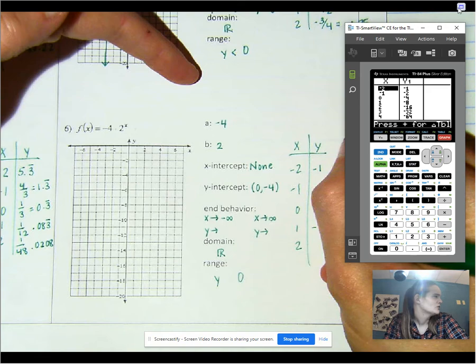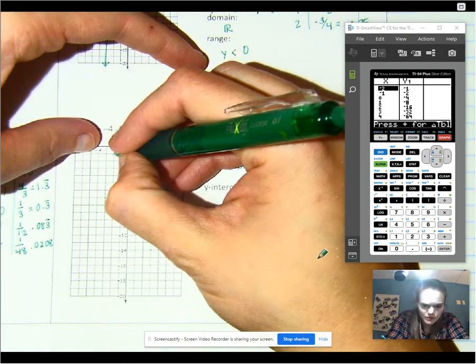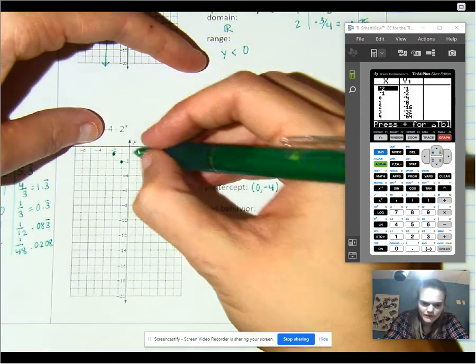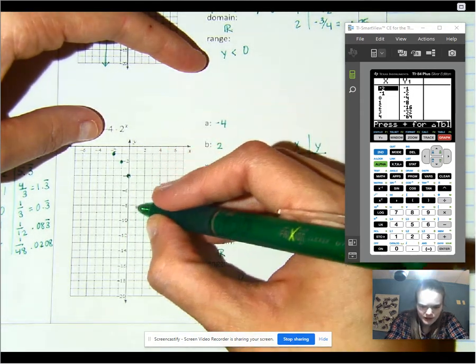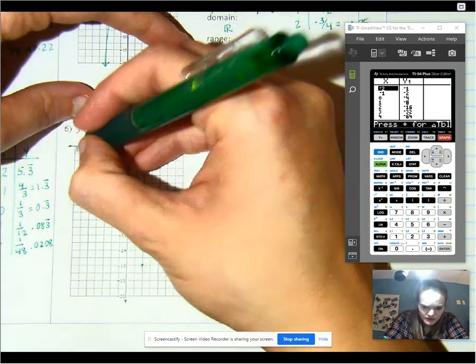And it froze again. Okay. Let's graph. So negative 2, negative 1, negative 1, negative 2, 0, negative 4, 1, negative 8, 2, negative 16.